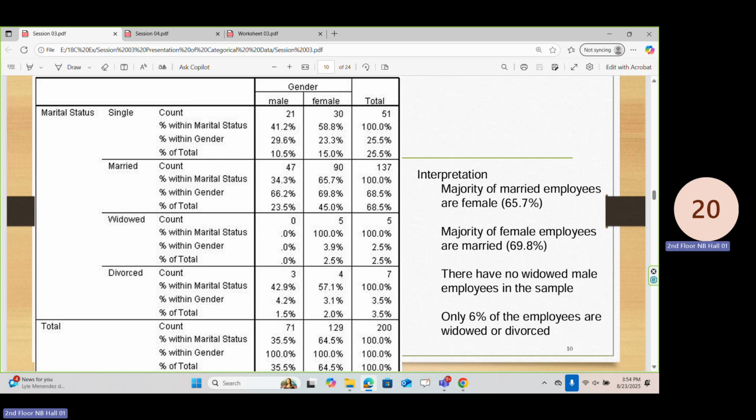Okay. Then out of that, 21 male and the single. Okay. Then calculate the percentage. 10.5%. 21 over 200 into 100, 10.5%. Then how we interpret it? 10.5% of the employees are single and female.